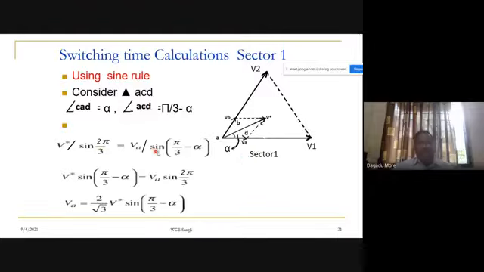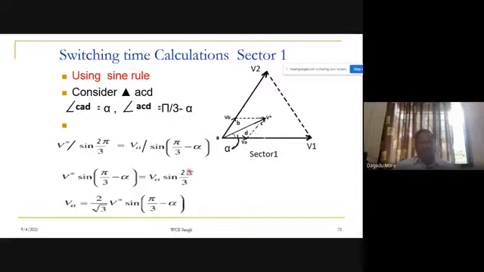From this equation, V star into sine of pi by 3 minus alpha equals VA into sine of 2 pi by 3. From that we get the magnitude of VA in terms of V star and alpha, after putting in the value of sine of 2 pi by 3.